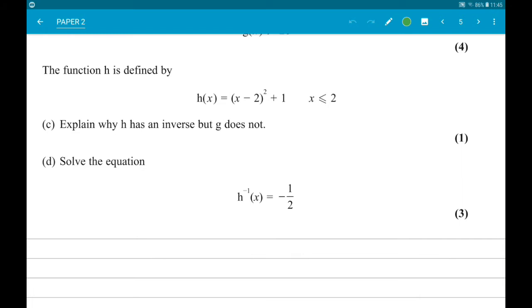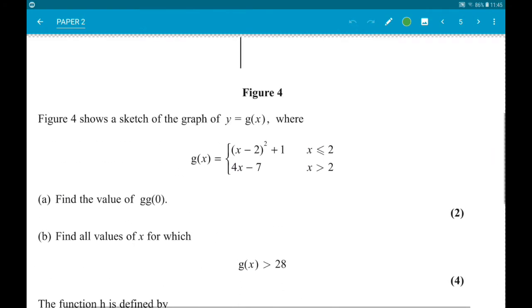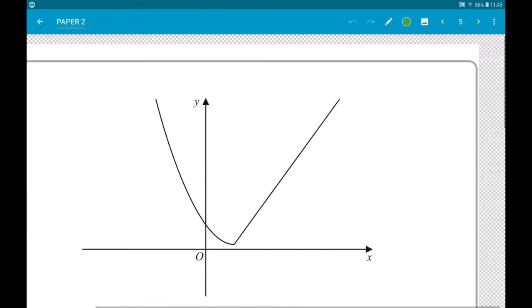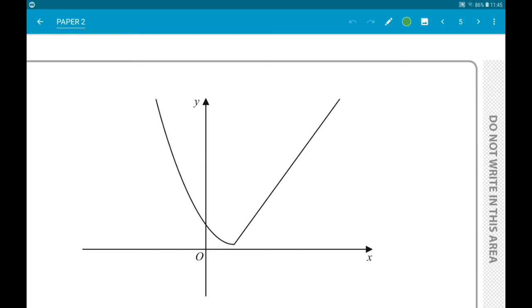So, to have an inverse, a function must be 1 to 1, which means one y value maps to one x value only. Now, h of x is just the left-hand part of g of x, so the quadratic. So h is 1 to 1.